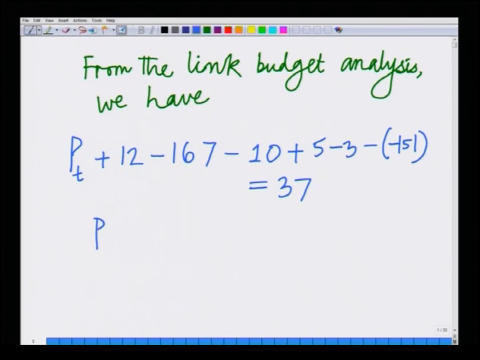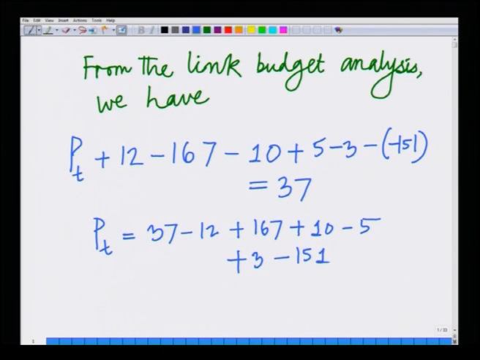And now, the required transmit antenna power can be computed as 37 minus 12 plus 167 plus 10 minus 5 plus 3 minus 151, which is equal to 49 dB watts.